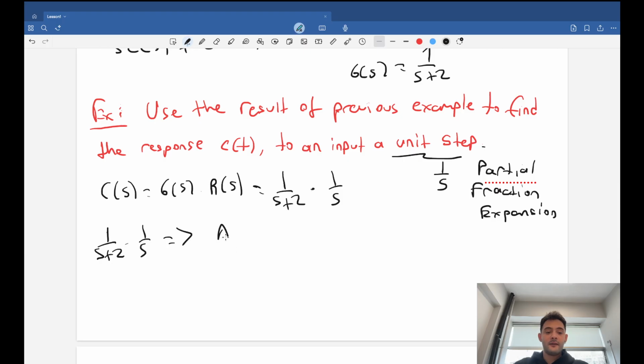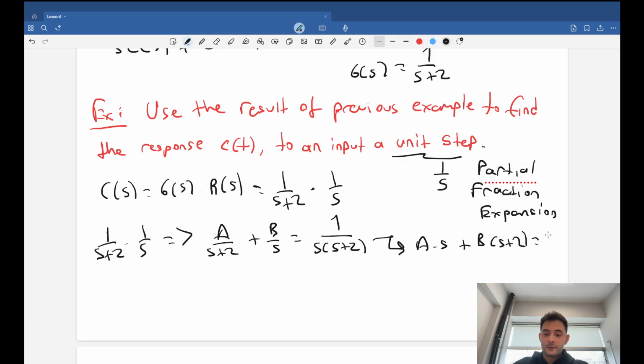So let's say we have A over (s plus 2) plus B over s, which equals 1 over s times (s plus 2). Usually I just equate these denominators, and I will have A times s plus B times (s plus 2) equals 1, right? I just equated all the numerators.